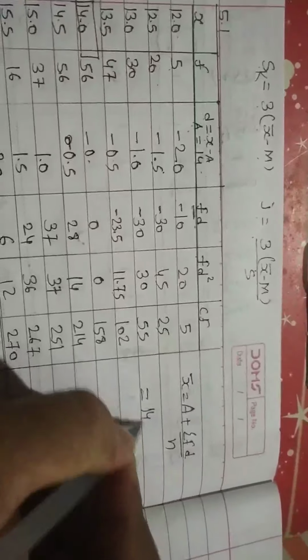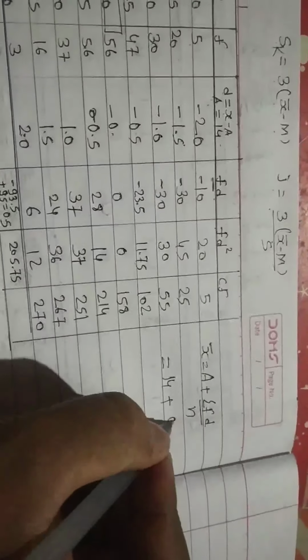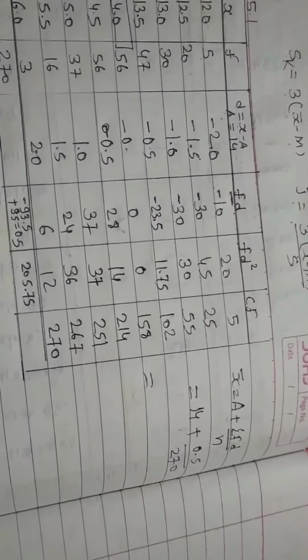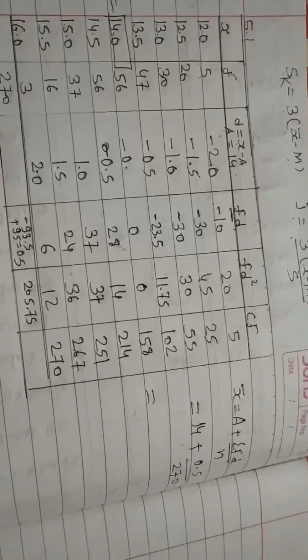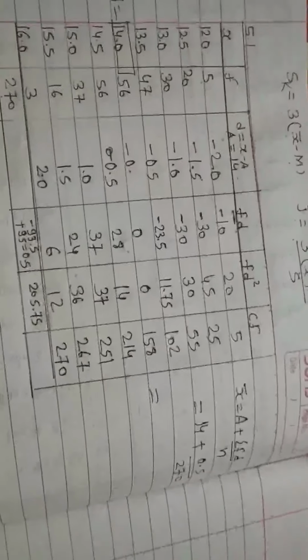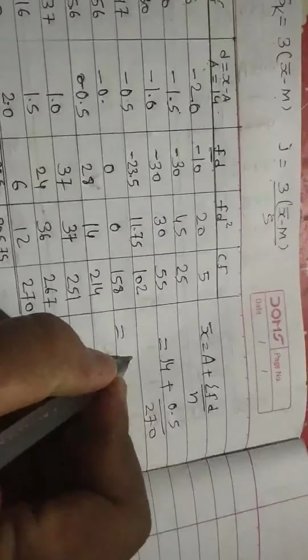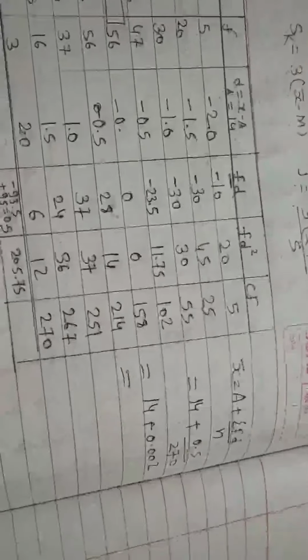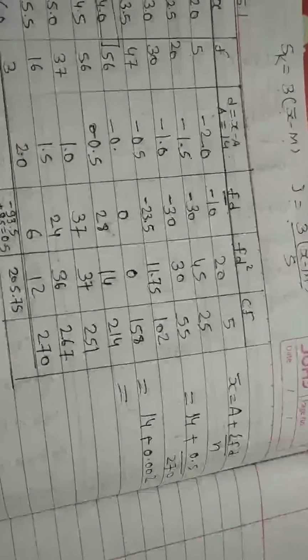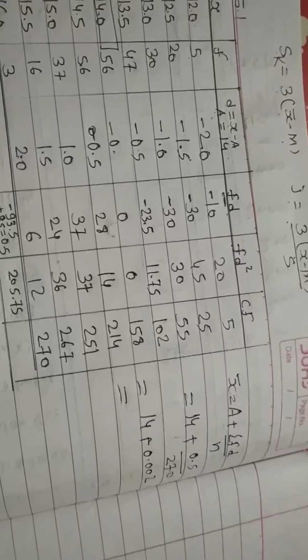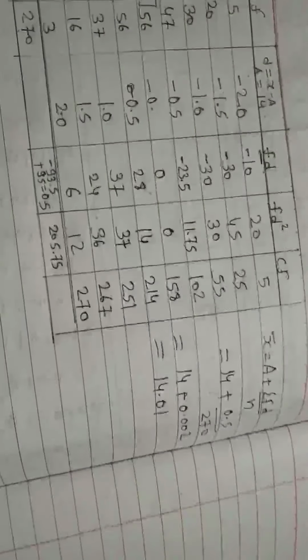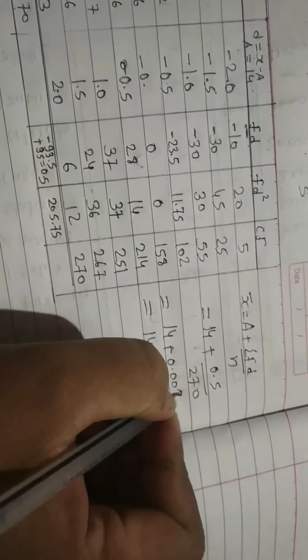A is 14, sigma fd is 0.5 and n is 270. 0.5 divided by 270 gives 0.00, so the answer is 14.01. We have taken 14.01.